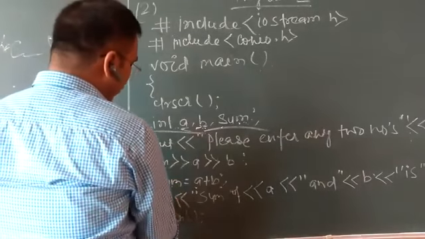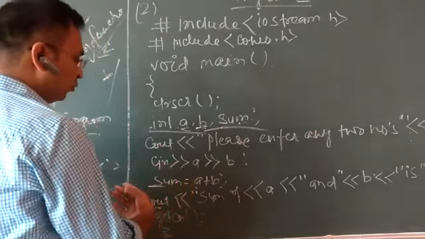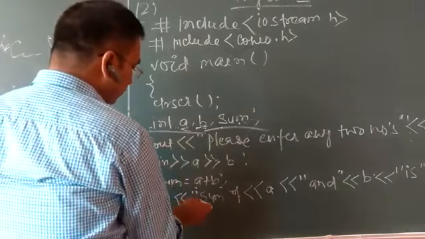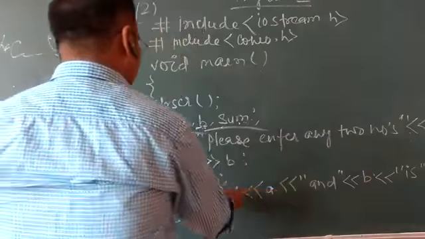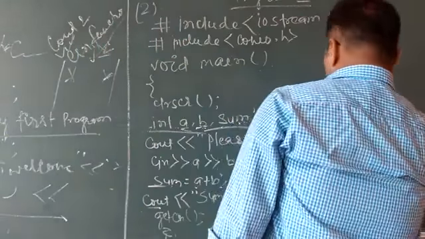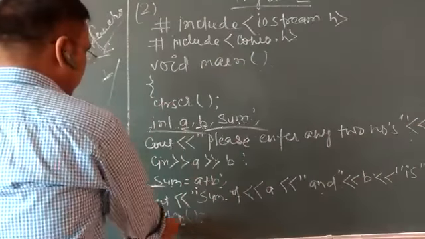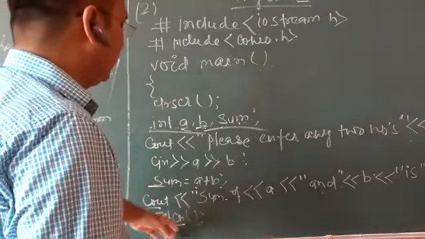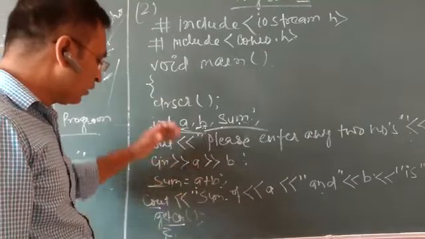And now we use the cout operator, meaning we have to get the output. So here we give the sum of A and B. Finally we will get the sum result, and from getch, the control will stop executing that program.